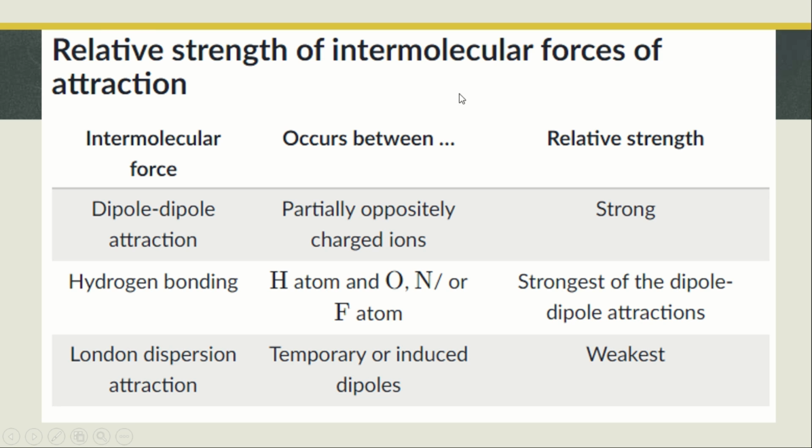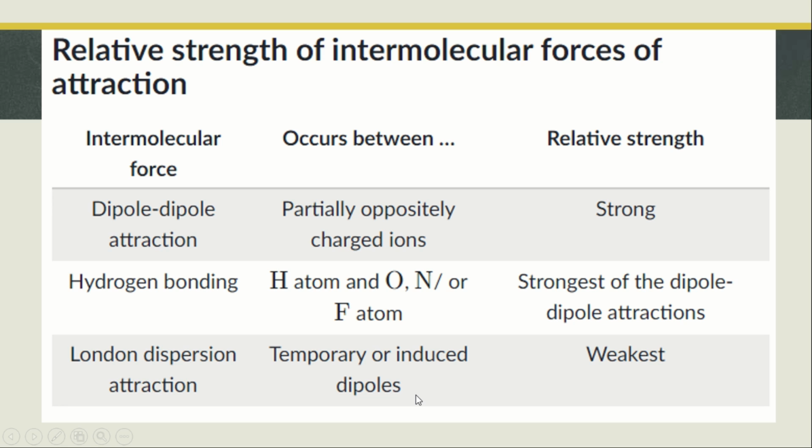So the relative strength of intermolecular forces of attraction, as we can see here: dipole-dipole attraction, so strong ang kanyang strength. Hydrogen bonding, mas stronger kaysa sa dipole-dipole. London dispersion attraction is weakest because it only has a temporary or induced dipole.